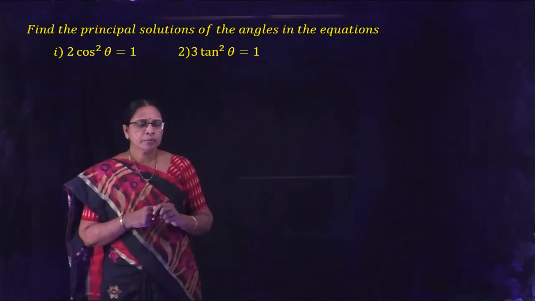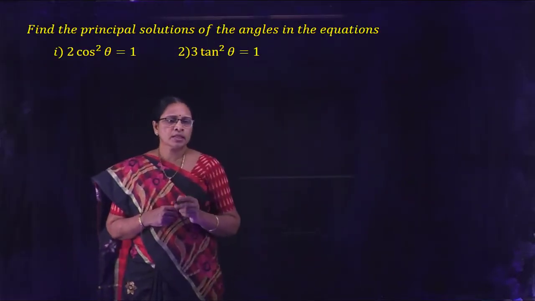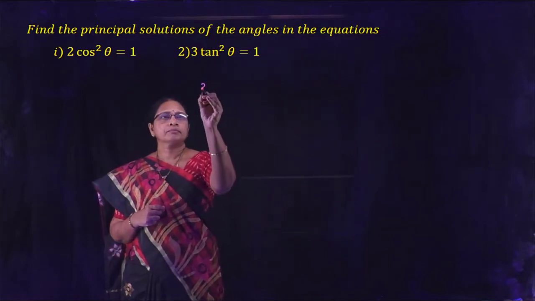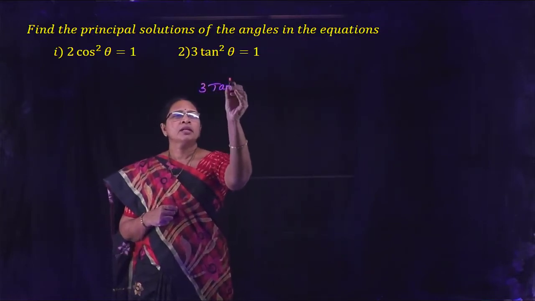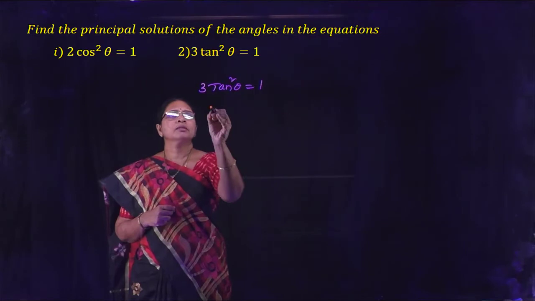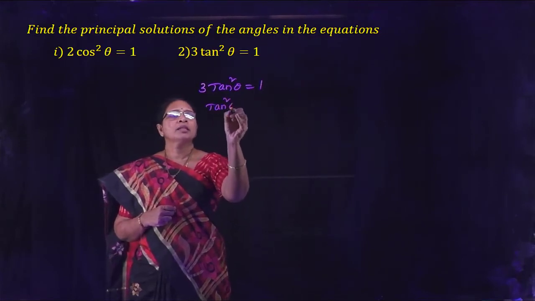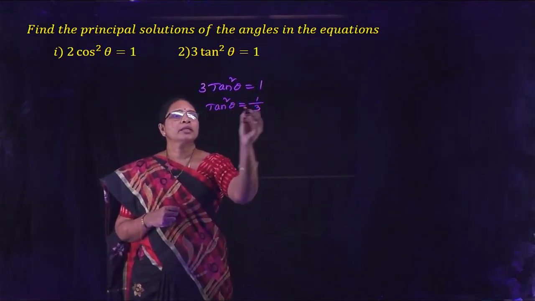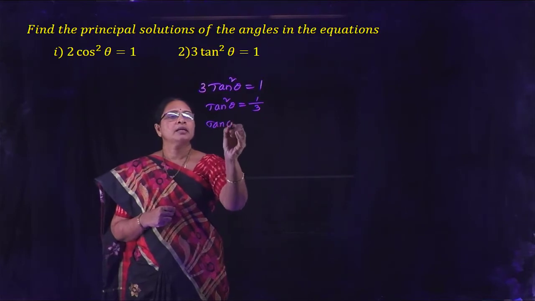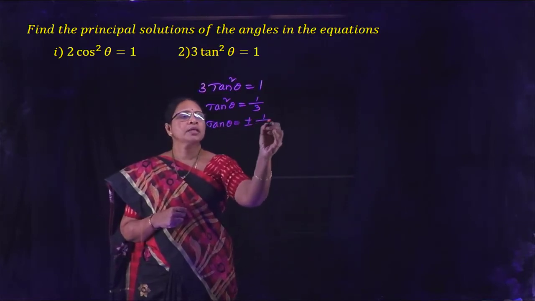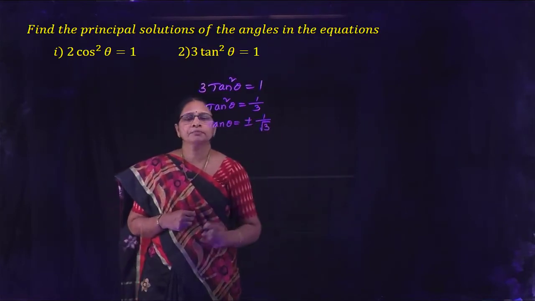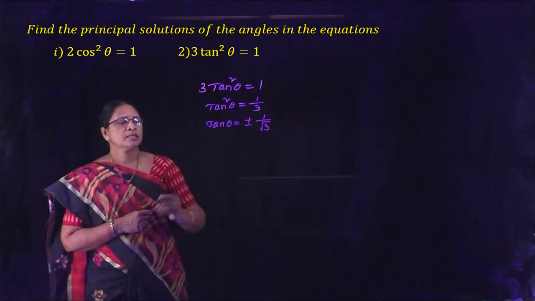See the second one, 3 tan square theta equal to 1. Tan square theta is equal to 1 by 3. Tan theta is equal to plus or minus 1 by root 3. Here two cases arise.